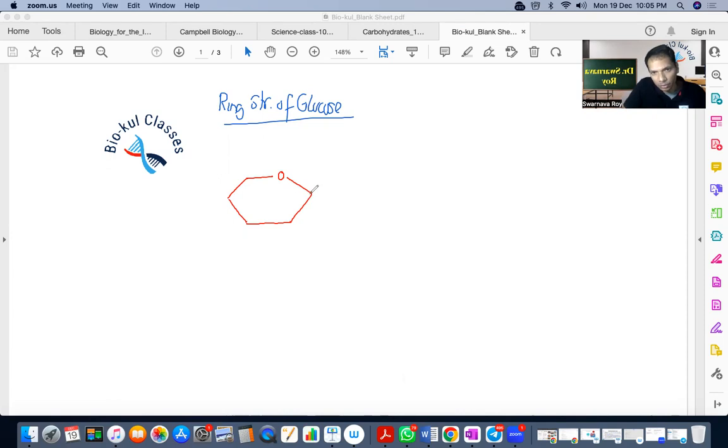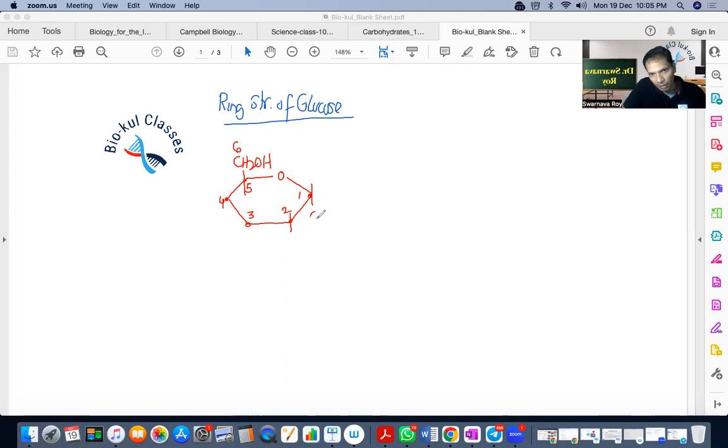Here, each of these dots represents a carbon. All right. So this is a carbon. This is the first carbon, second carbon, third carbon, fourth carbon, fifth carbon. And then we have a CH2OH. This is the sixth carbon.